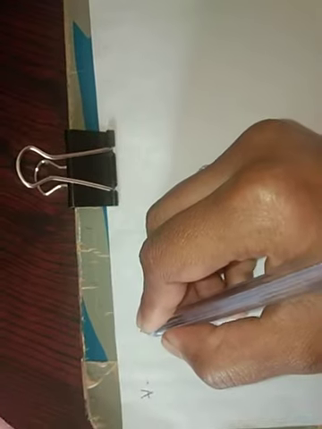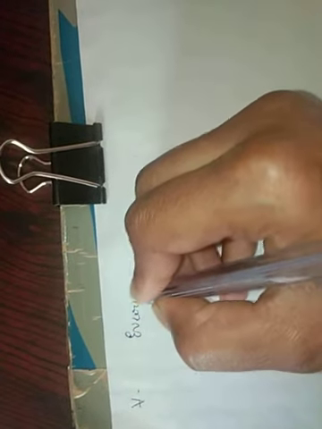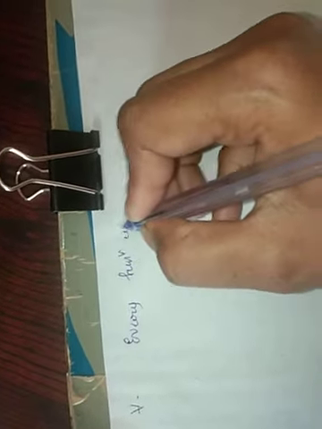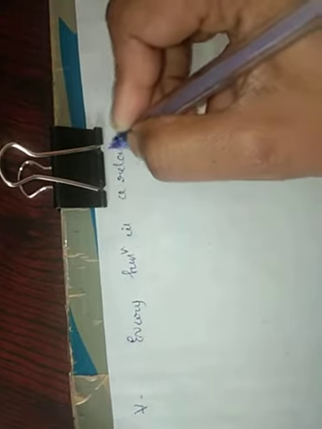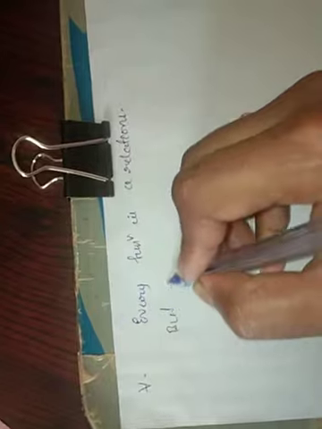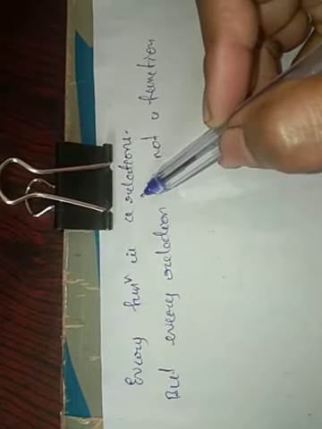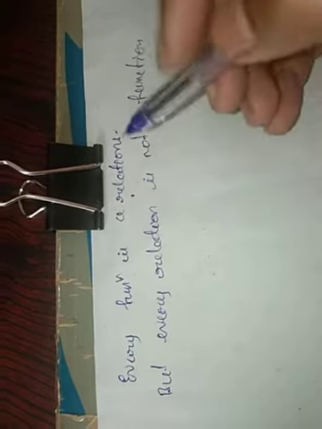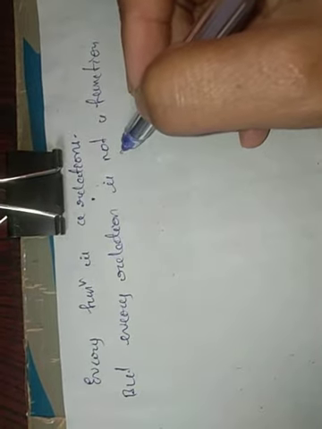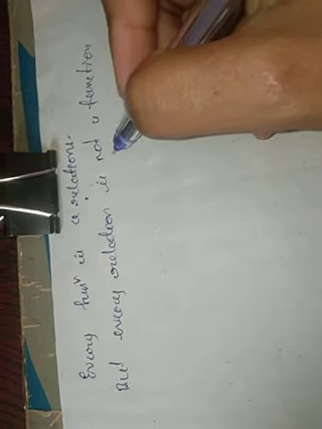Next, every function is a relation, but every relation is not a function, because in a function the first element of an ordered pair cannot be repeated, but in a relation we can repeat the first element of an ordered pair.